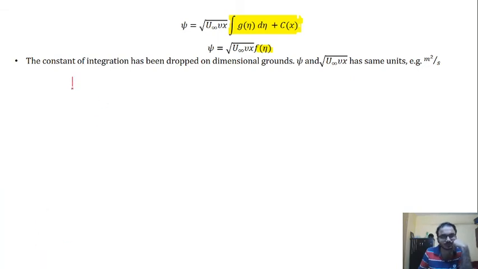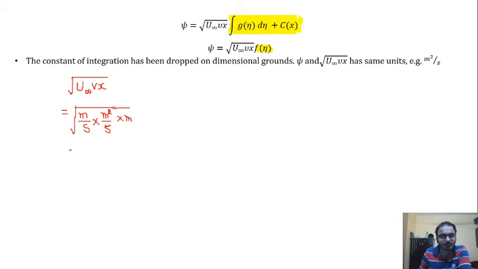That here u infinity nu into x. So now we will write down units, that is over here it is meter per second into meter square per second, that is the formula for kinematic viscosity, into meter.